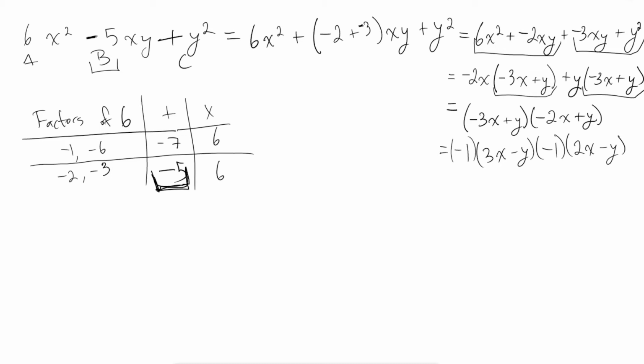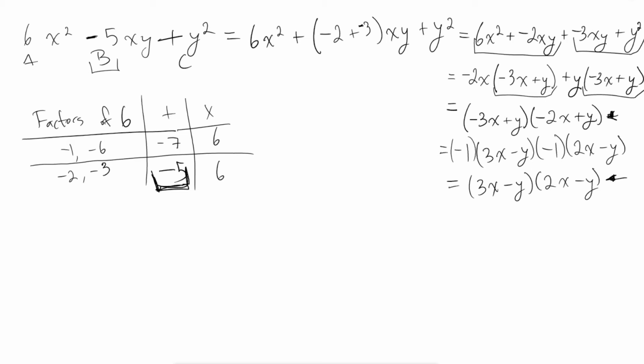And negative 1 times negative 1 is equal to positive 1, so this one up here is exactly the same as 3x minus y times 2x minus y. You can completely flip the signs if you have two of them. Either of these are correct answers. It's a little confusing, but it's totally legitimate. So there's your option. Two answers to choose from, but same idea.